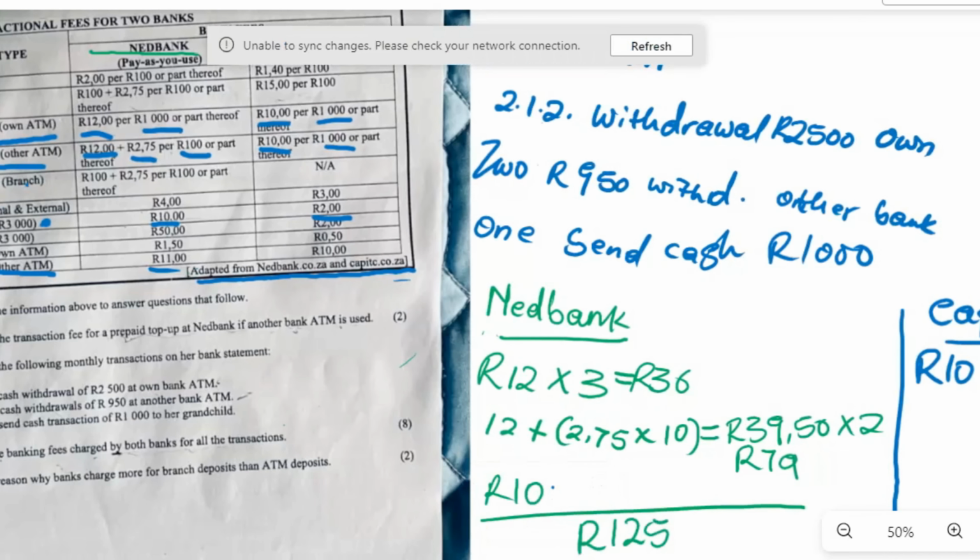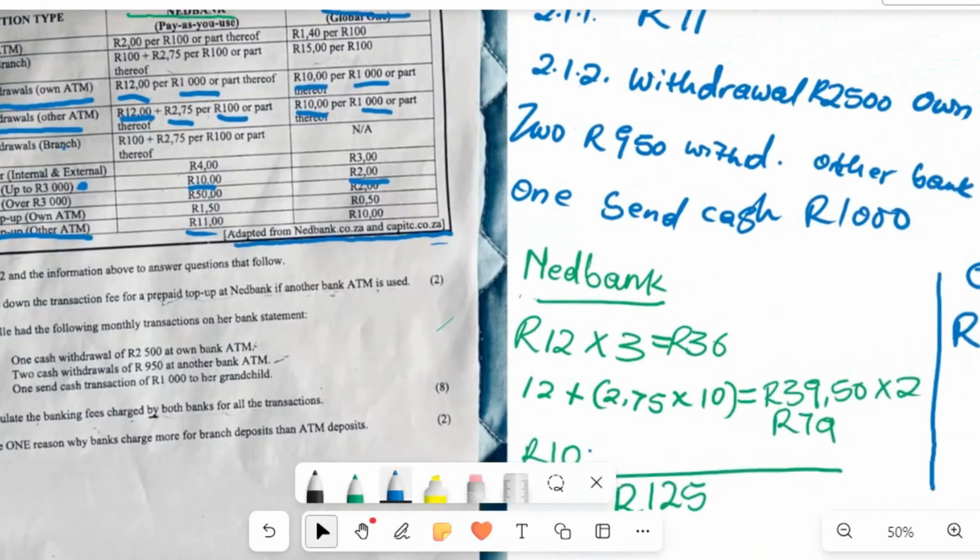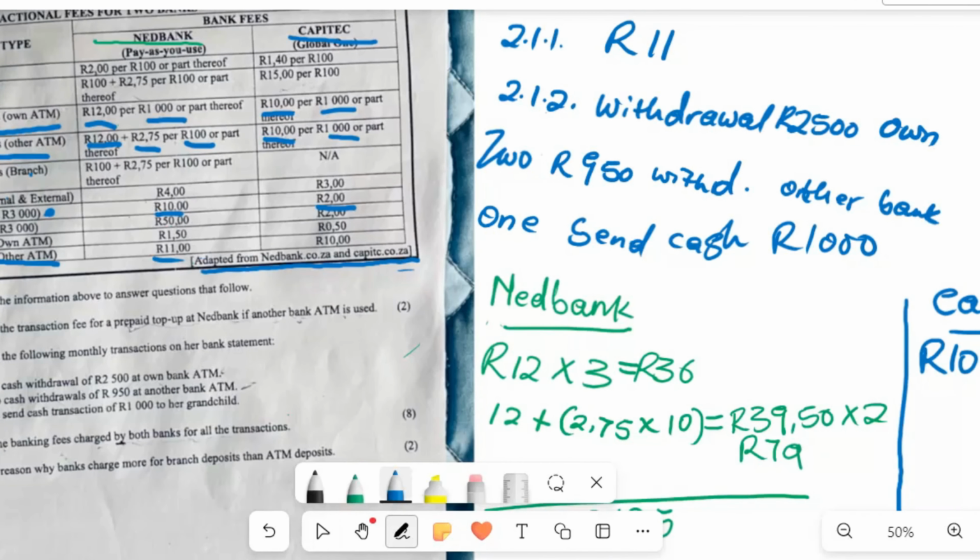This is what we're talking about. It's still 10 rands or part thereof.